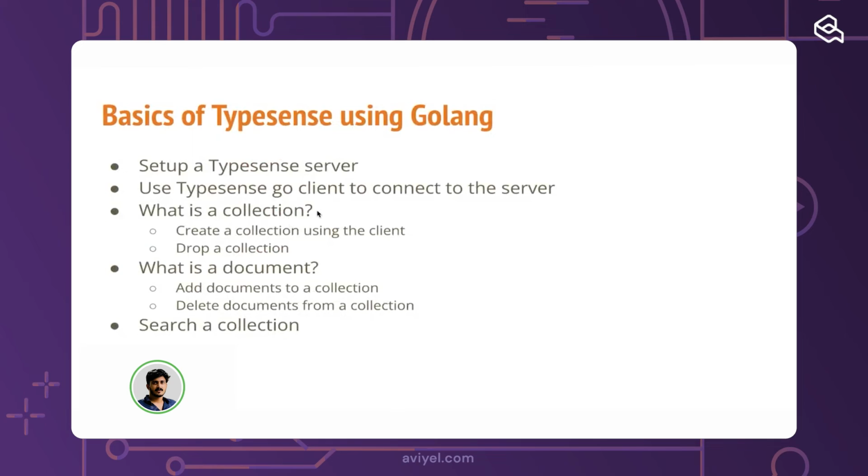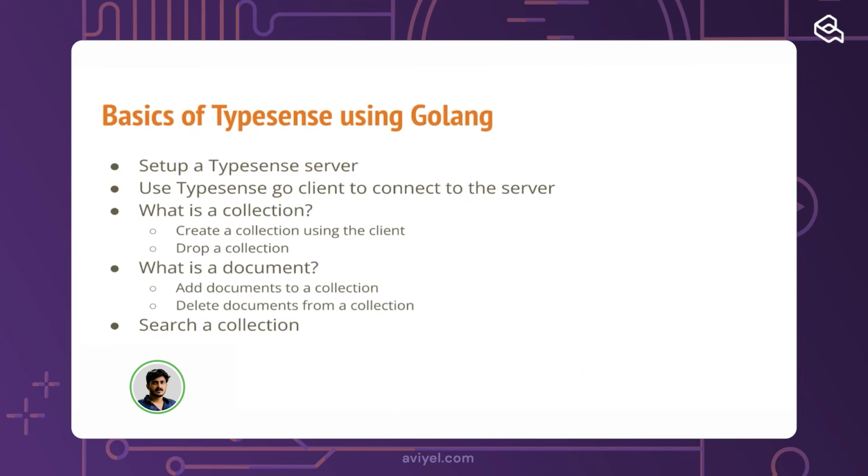Briefly, I will say what a document and what a collection is. If you're familiar with normal databases like Postgres or MySQL, a collection is basically the database part of that, where we have a lot of tables and stuff. Sorry, I'm sorry.